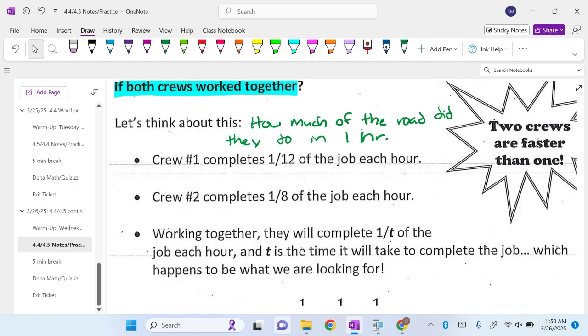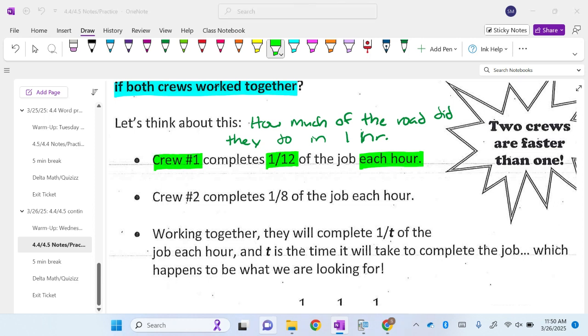So the first crew, since they could do the whole job in 12 hours, that means that they can only do a 12th of the road, or 1 over 12, each hour. You just split it evenly. We're assuming that they split it all evenly. Now, is that true in the real world? No, because constant speeds aren't really much of a thing in the real world. But this is all theoretical. All right.